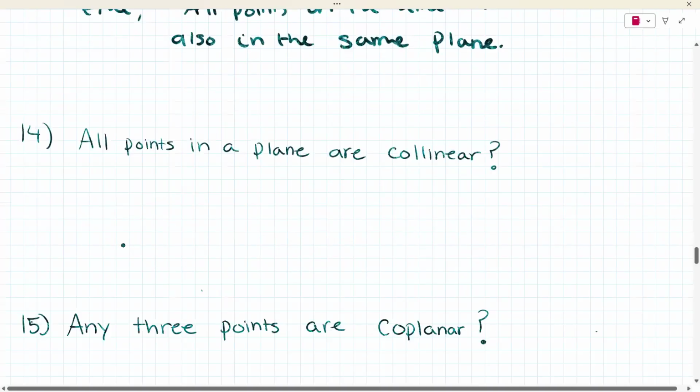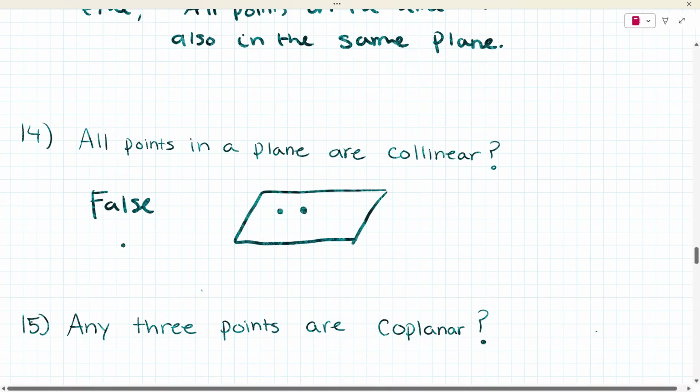Let's move on to 14. All points in a plane are collinear. That would be false, right? Not necessarily. Here you can have a plane, and yeah, you can have collinear points. So you can have points here, points here, and then you might have some points that form a straight line, or collinear.